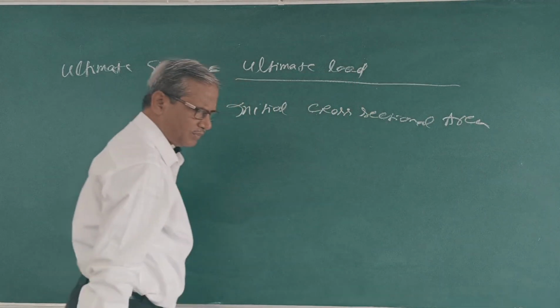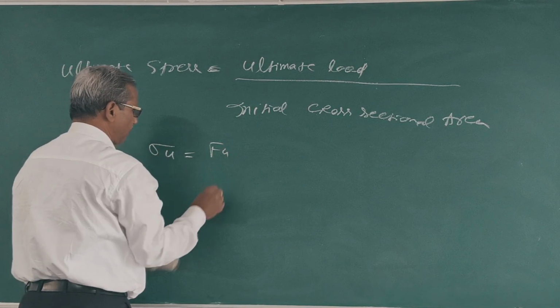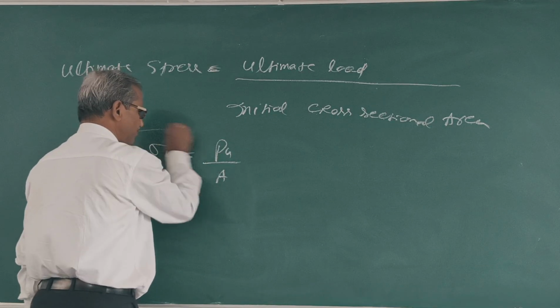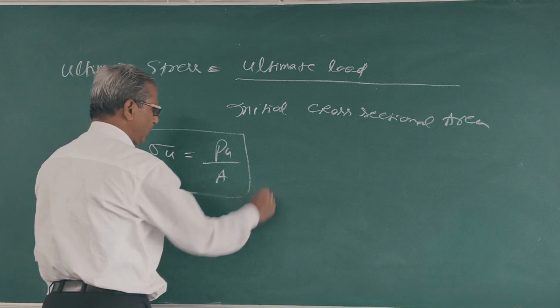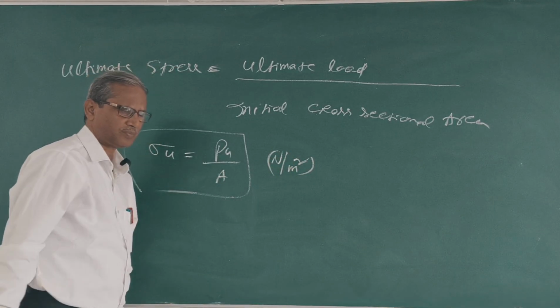This implies sigma u is equal to P_u by A. Clear? What is the unit? Newton per meter square. Clear?